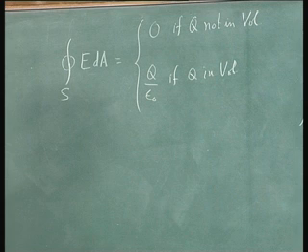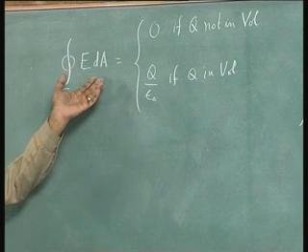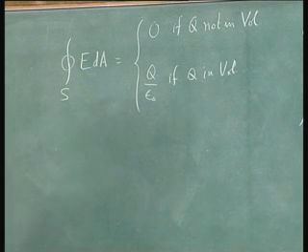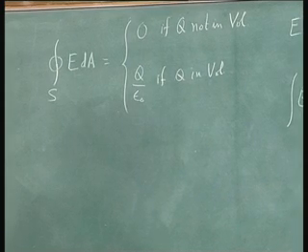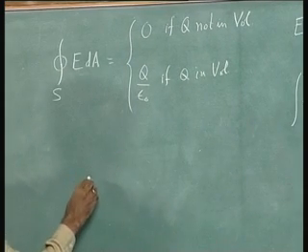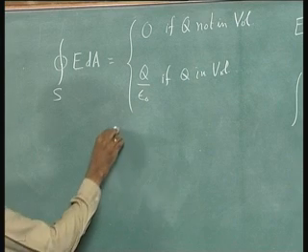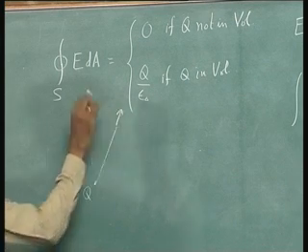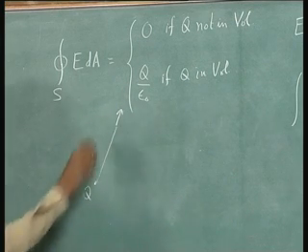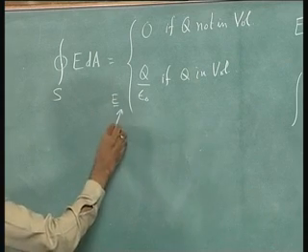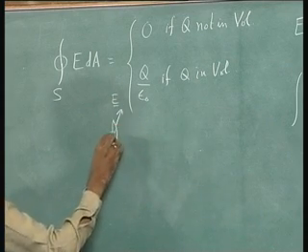Since this is a vector relation, we have to be a little careful in how we write E dA. I have been sloppy, intentionally sloppy, because I did not want to get into that, but now we better get into it. What we mean is that if the charge q is here, the electric field is in the direction away from the charge, E. Now, the surface may be some other way, maybe like this.